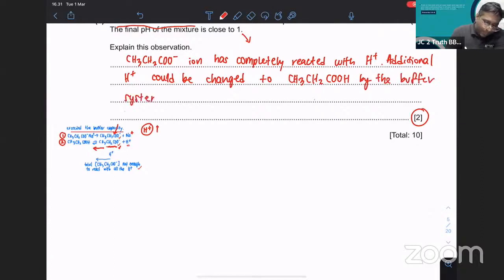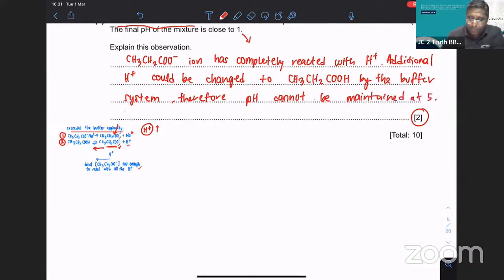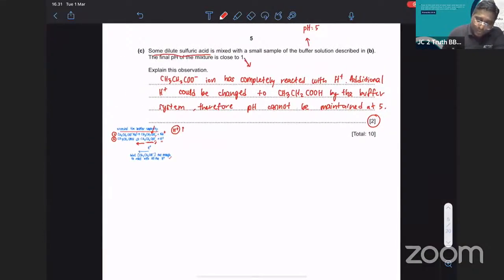Therefore, the pH cannot be maintained at 5. It actually goes to 1. So that is going to give you the 1 mark.